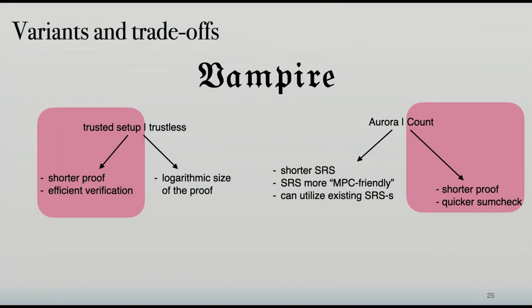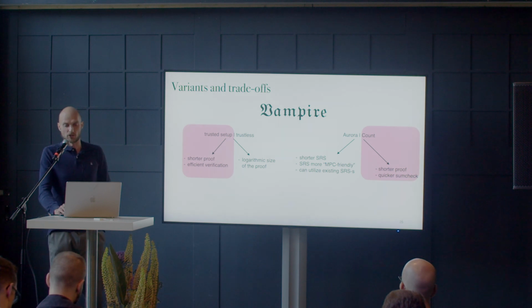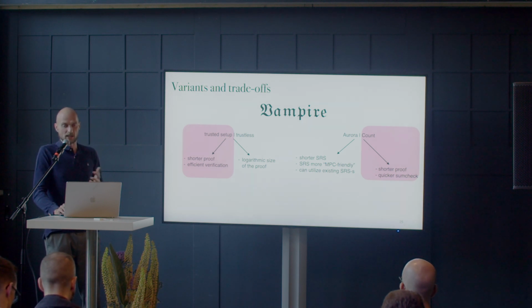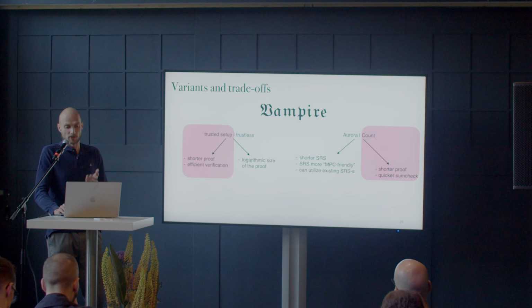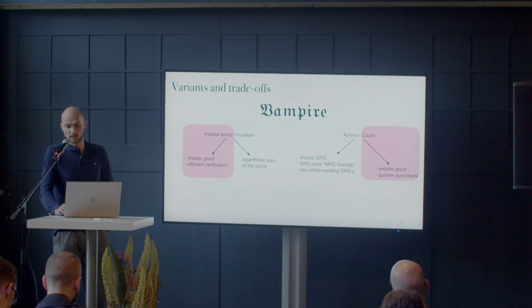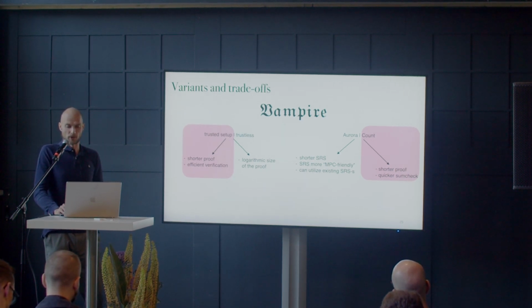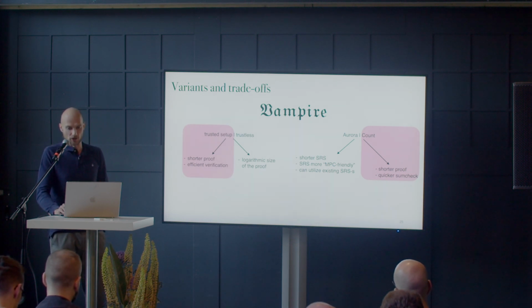So, other variants and trade-offs. We have this trusted setup versus trustless. A trusted setup allows for more efficient verification and shorter proofs, and also allows us to use count, which makes the proof shorter, and as a sum check, it's a more efficient argument.